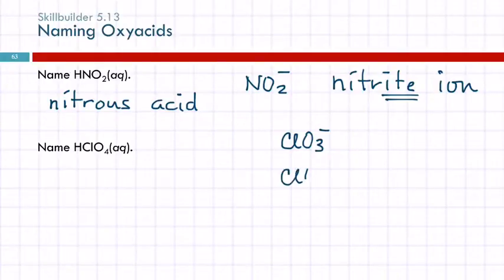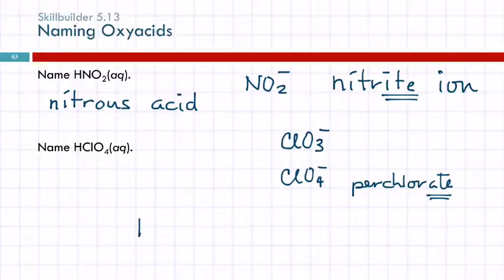So it's got ClO4. So this is from the perchlorate ion. I'm just going to change the ate ending to ic. And then add the word acid. So I've got perchloric acid. Okay?